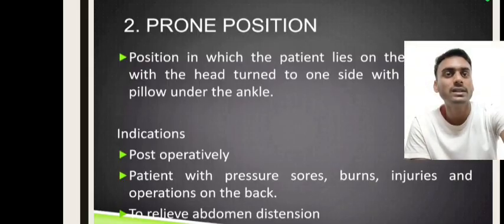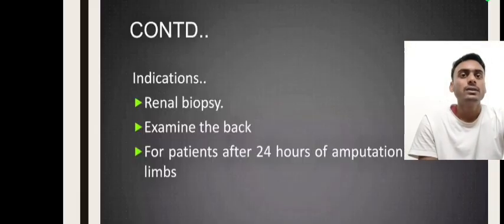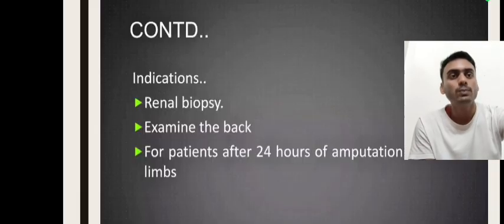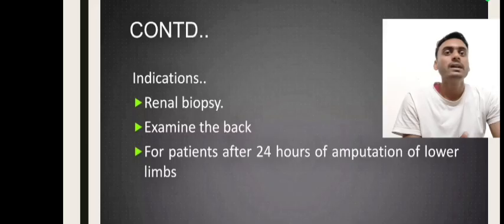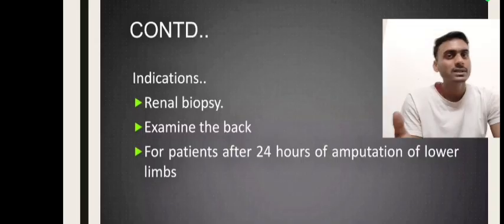This is a very simple thing. Now continue with indications. If the patient has a renal biopsy, or you need to examine the back, or the patient is 24 hours after amputation of the lower limbs, then you suggest the prone position.